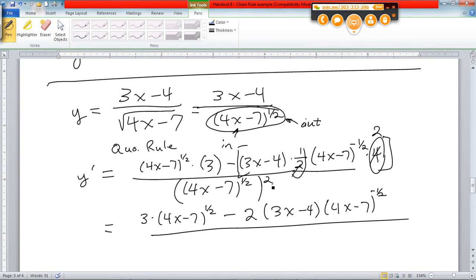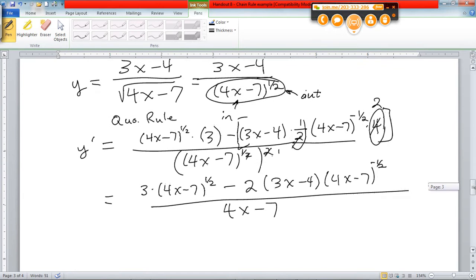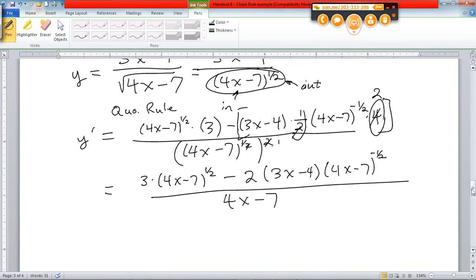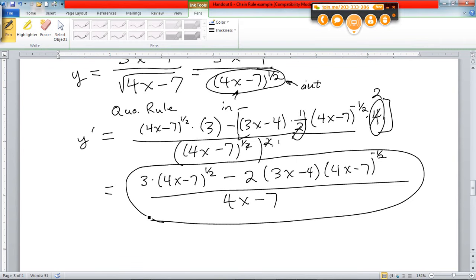What is the 1/2 power squared? That's just 1 because you're multiplying. Those cancel, so you just get 1. So it's 4x minus 7 to the 1 power, so it's just 4x minus 7. We could spend more time cleaning that up, but maybe later. At a later date we may talk more about that.